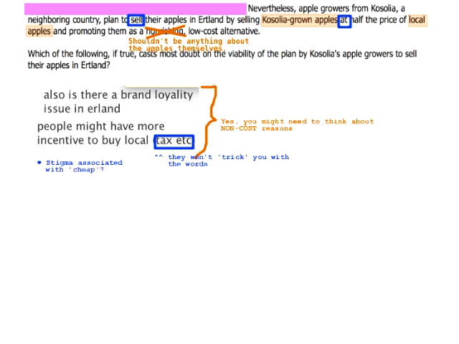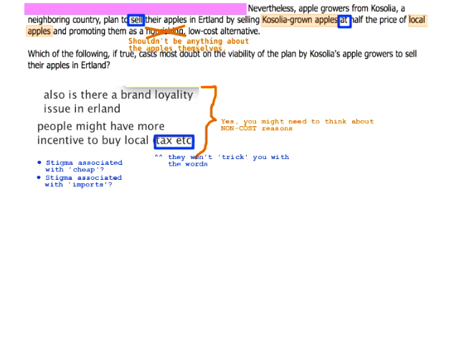Also, is there a stigma associated with non-domestic products, right? If people are xenophobic about what they eat, maybe they don't want imports. All of these would be reasons why they won't buy. Okay.